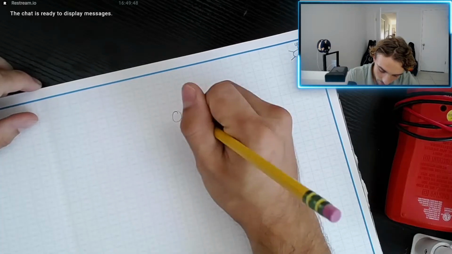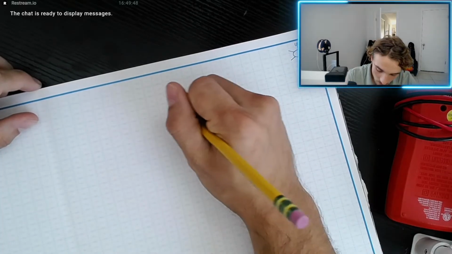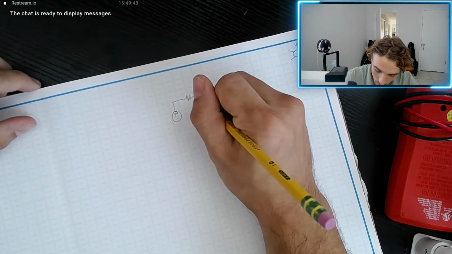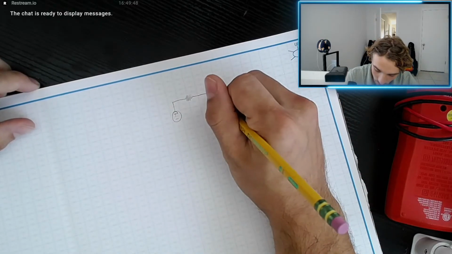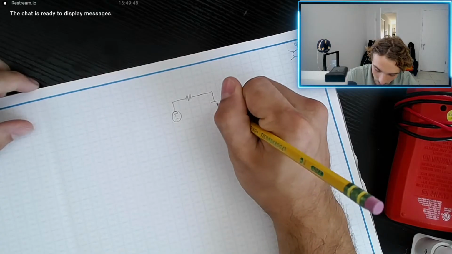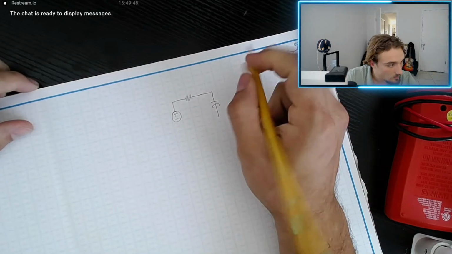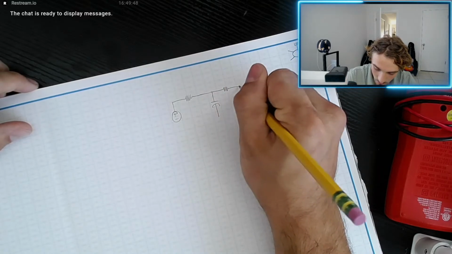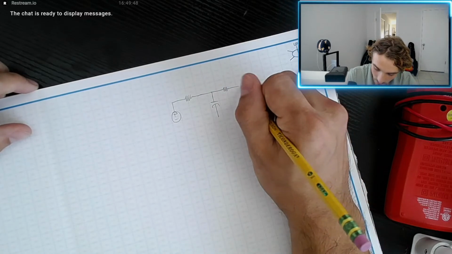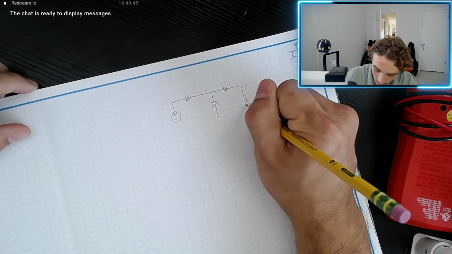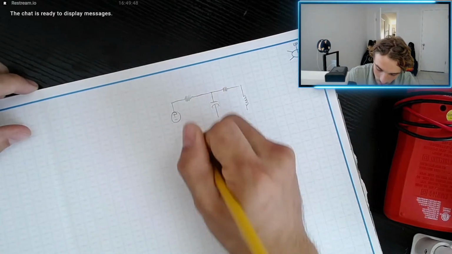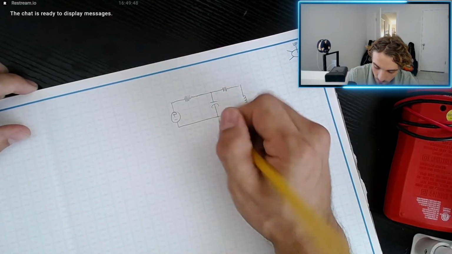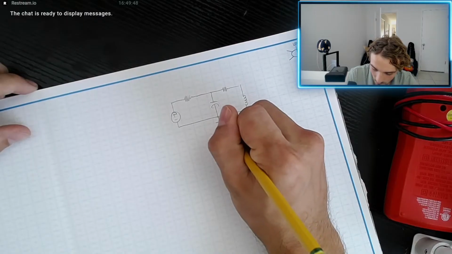This is our circuit. We got an independent voltage source running out to this resistor here in series with this capacitor. This capacitor is in parallel with this resistor and this inductor. All right, we need to draw our ground as our reference.